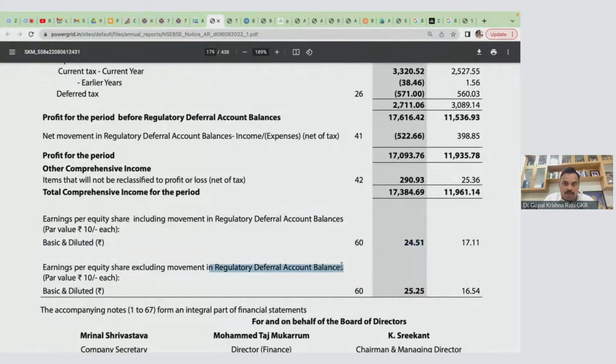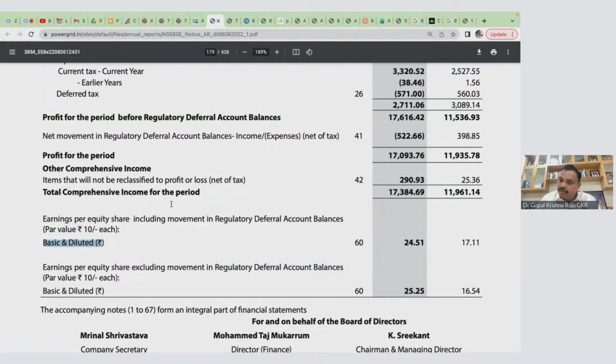Regulatory deferral account balances are applicable only for companies like power companies, where we have separate regulators. So for power, we have a separate power regulator, where the tariff is actually controlled. We have a separate accounting standard also for this, and an exam question can also be on the regulatory deferral. I'm not discussing that particular part. I'm only on this part, basic and diluted.